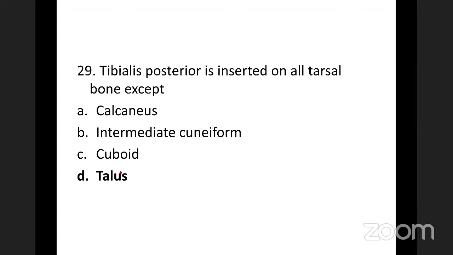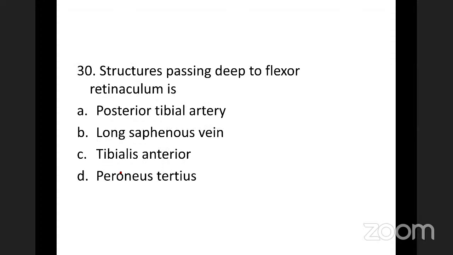Yes. Now, structures passing deep to the flexor retinaculum. What was the mnemonic? Tom, Dick, and Harry, right? So, what is your answer for this? Posterior tibial artery, long saphenous vein, tibialis anterior, peroneus tertius. Yes. Posterior tibial artery is the answer for that.